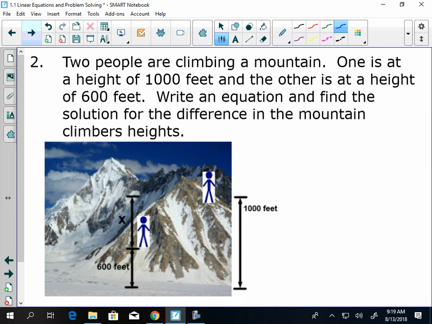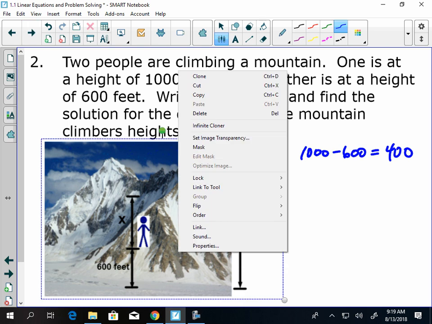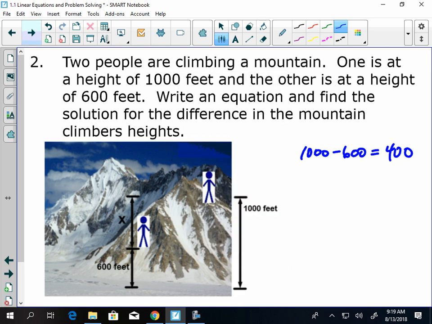I'm going to say, okay, if I say 1,000 minus 600 equals 400, that's not really an equation. That solved the problem. That's okay. So if I want to write an equation, I have to have an x in there somewhere, right?